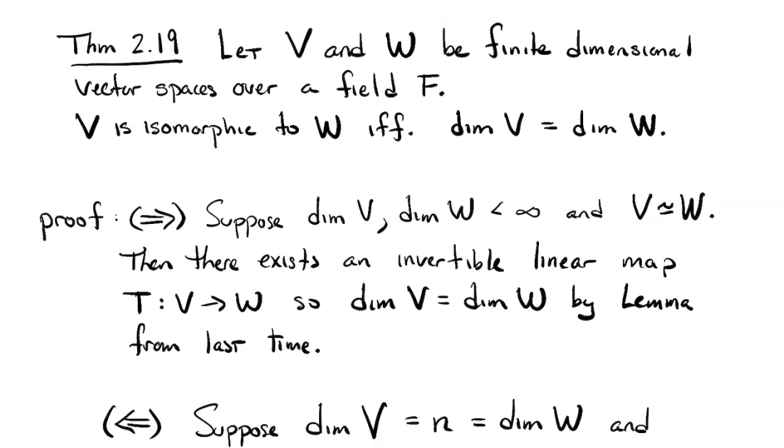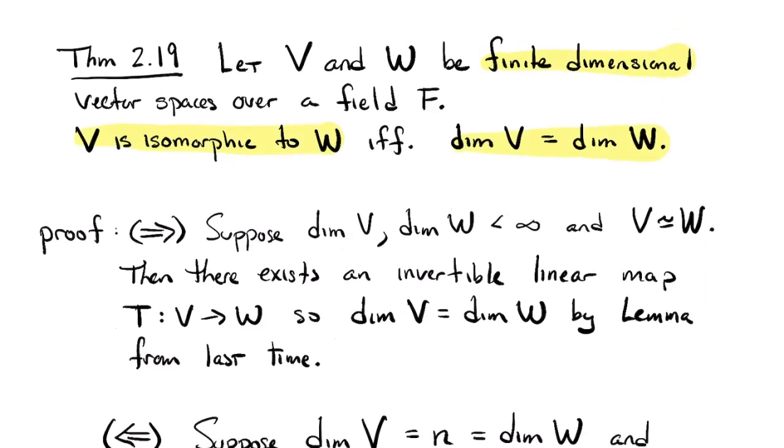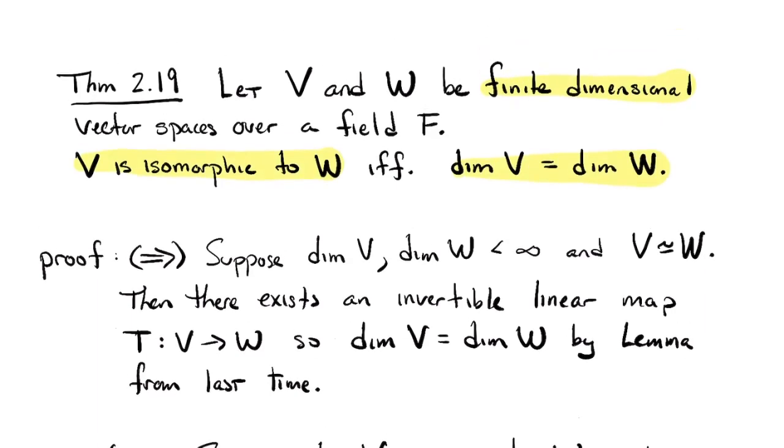The first main theorem is theorem 2.19. Let's check it out. We have two vector spaces V and W. They're finite dimensional. Then V is isomorphic to W if and only if they have the same dimension. This is what I was calling, in the opening, a characterization of isomorphic vector spaces.